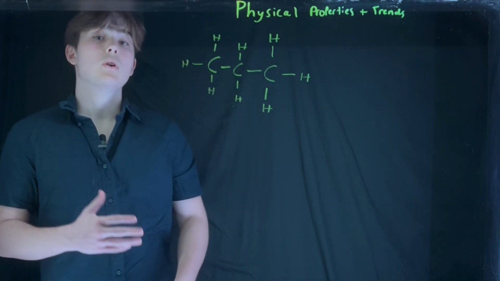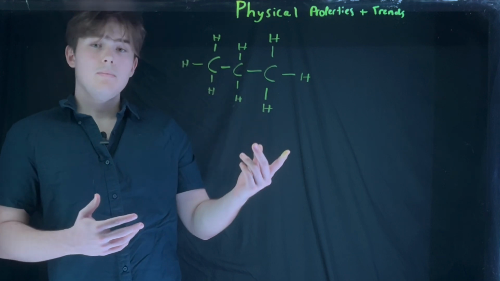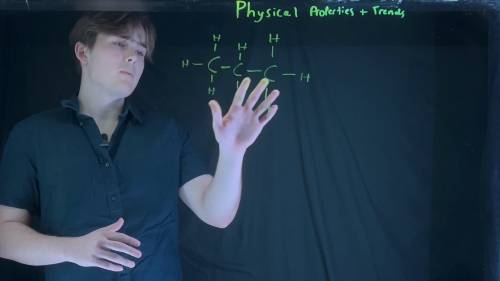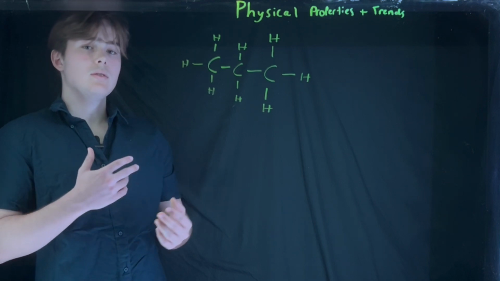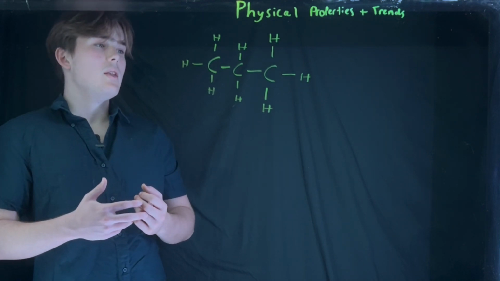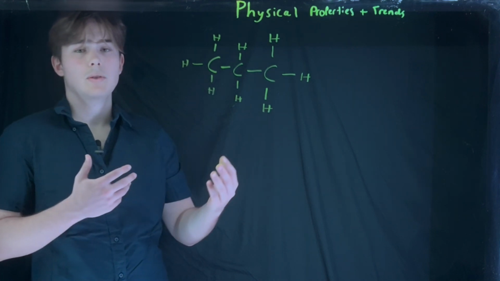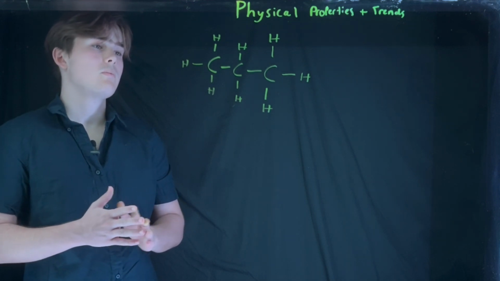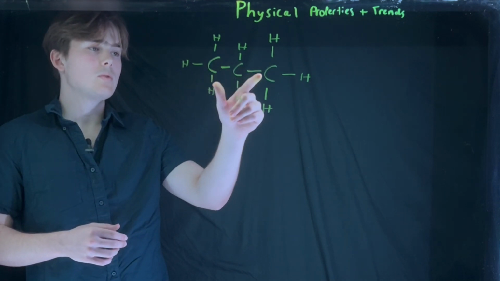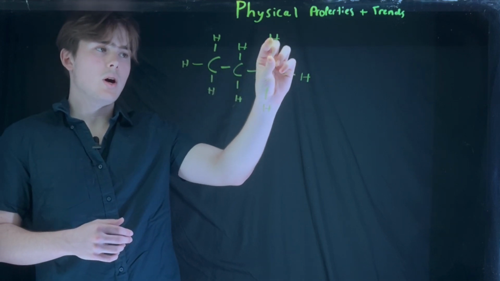So what have I drawn here? This is obviously propane. The reason for that, we have 3 carbons and we just have single bonds to hydrogen. So that gives us propane. Now we're going to talk about the different forces that are going on in this molecule. First off, we have covalent bonding between these carbon atoms, so carbon to carbon bonds and also carbon to hydrogen bonds.